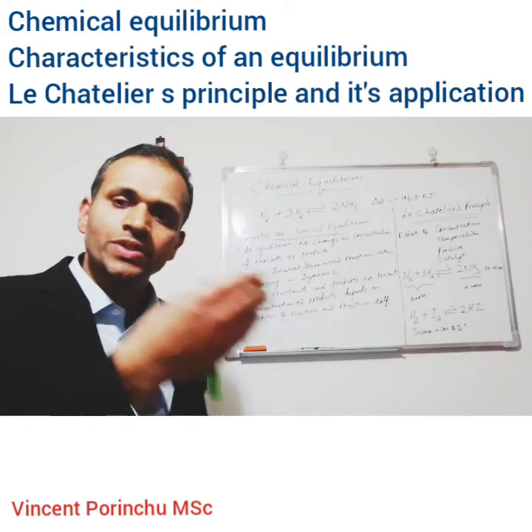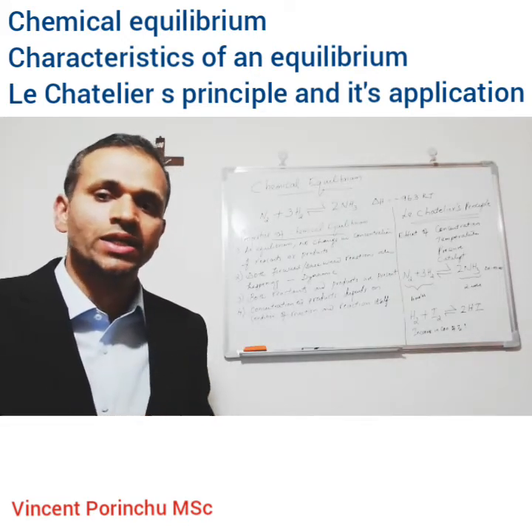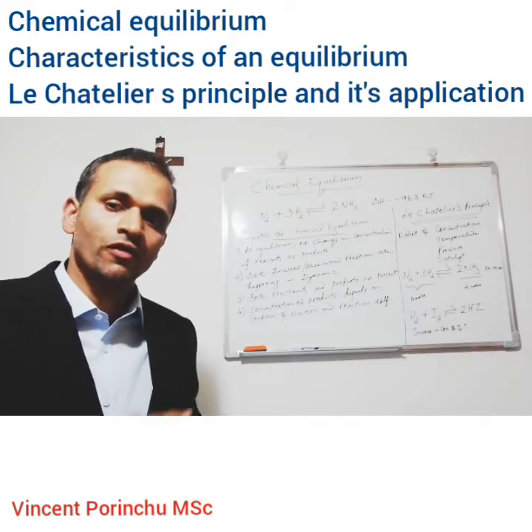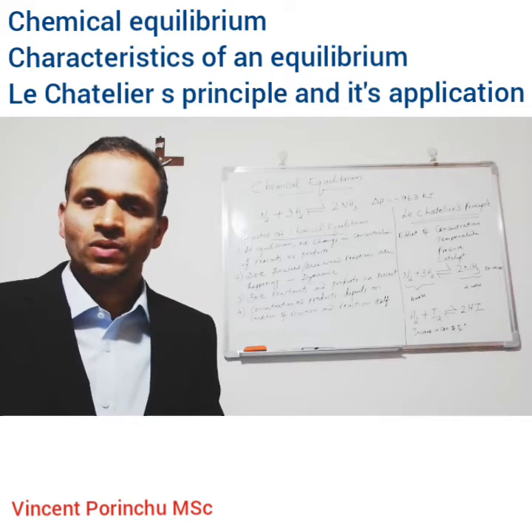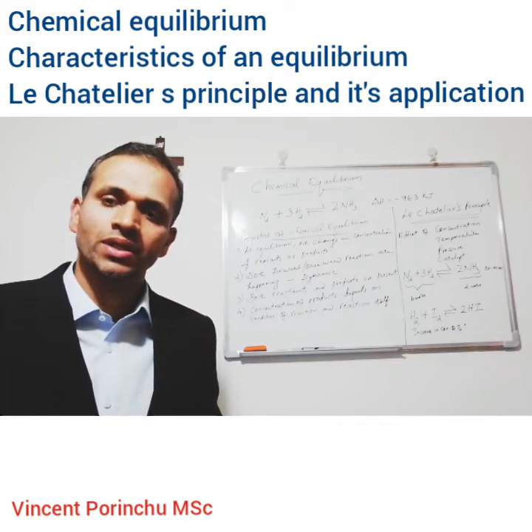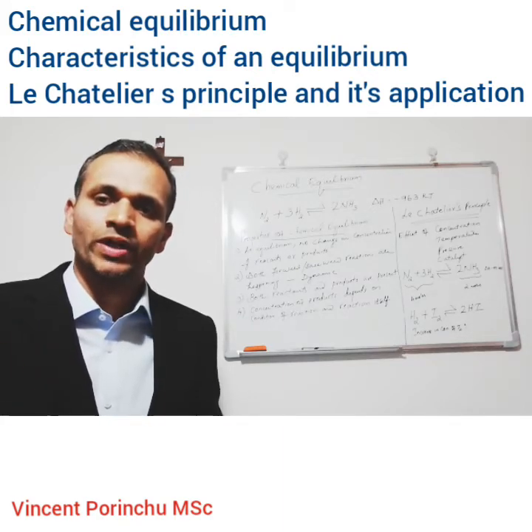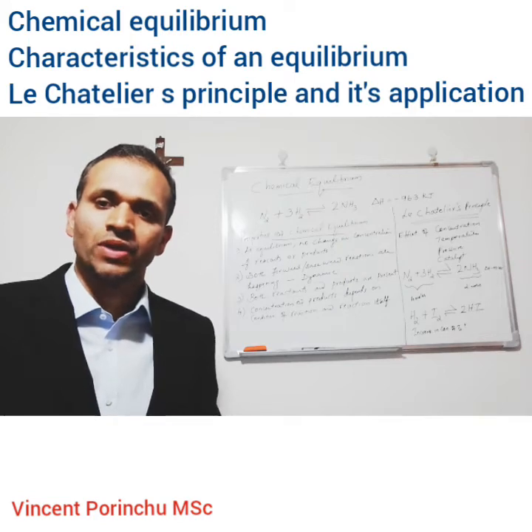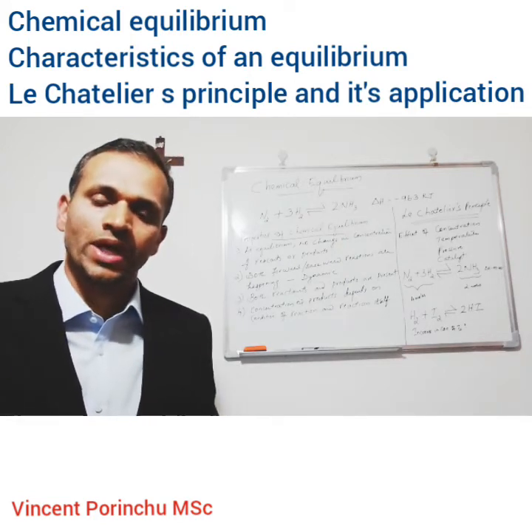That means decomposition of ammonia takes place if you increase the temperature of that particular equilibrium. So on increase of temperature, you will get a very minimal amount of ammonia, because in that case the forward reaction is an exothermic reaction.